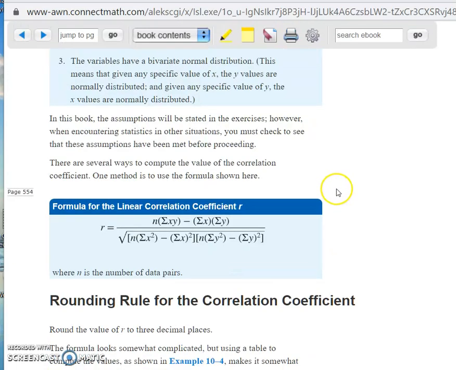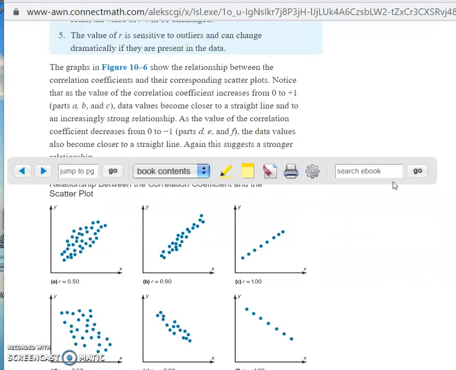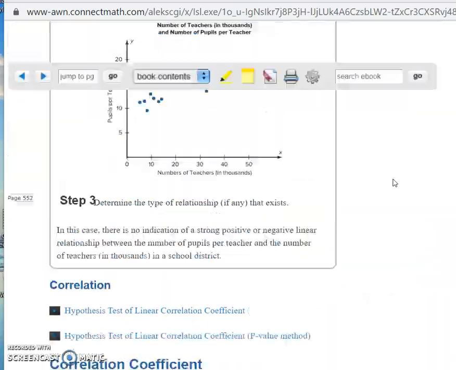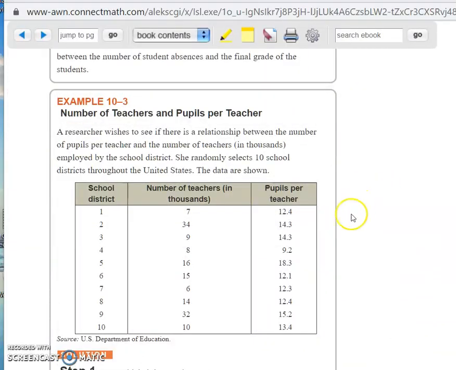Now, the bad news is this is the formula, okay? It's way too hard for us to calculate it, okay? So we're not going to be doing this on an exam. I just wanted to have you be familiar with the concept. There is a formula. It's a little bit too hard to calculate by hand. Typically, you would go to a website, you'd plug in these numbers, okay, the XY pairs.